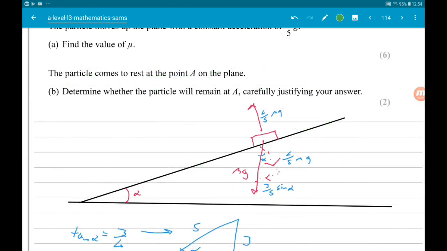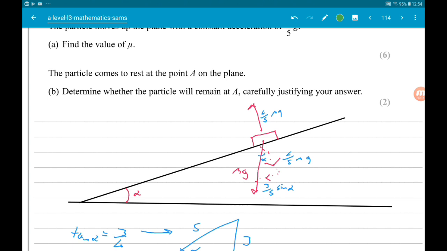Okay, then we're told the particle comes to rest at point A on the plane. Part B, determine whether the particle will remain at A, carefully justifying your answer.